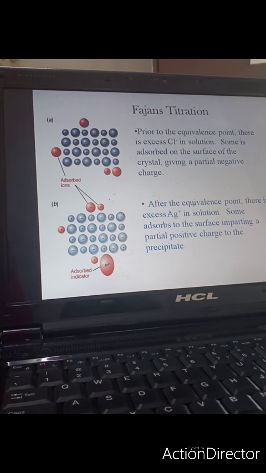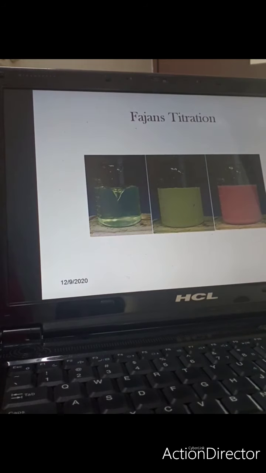And after the equivalence point, when the titration proceeds, there will be excess of Ag+ ions in the solution, and some adsorb to the surface, and they will impart a partial positive charge to the precipitate. So this is how it looks. Initially it will be green in color, and after the equivalence point it will appear pink in color.